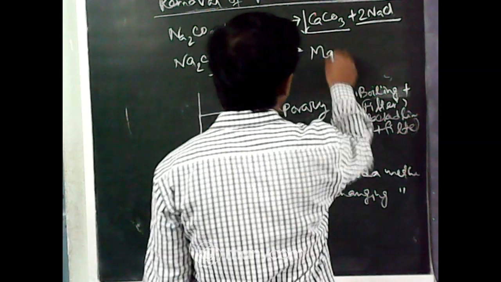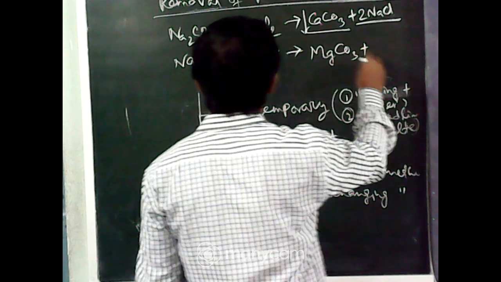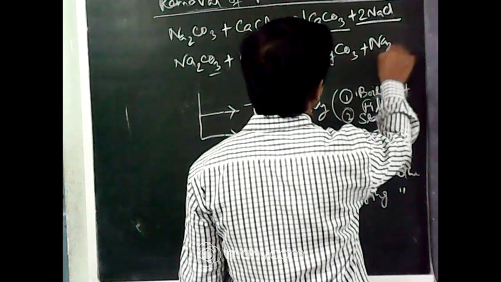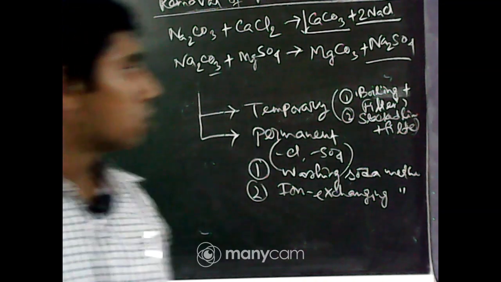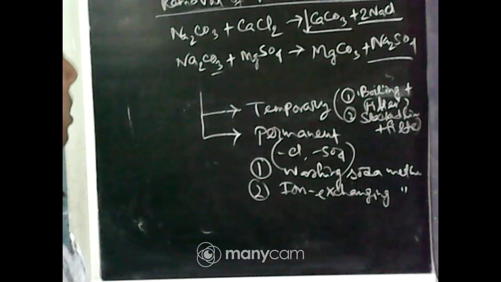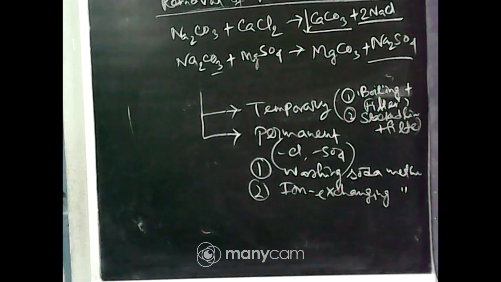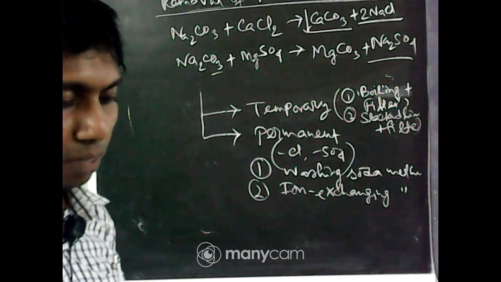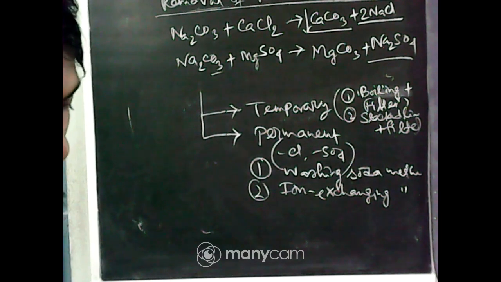Then it will produce magnesium carbonate plus sodium sulphate. This is the second method, for the sulphate. The precipitate can be removed by filtration. So, calcium 2+ and magnesium 2+ are removed from the water sample.